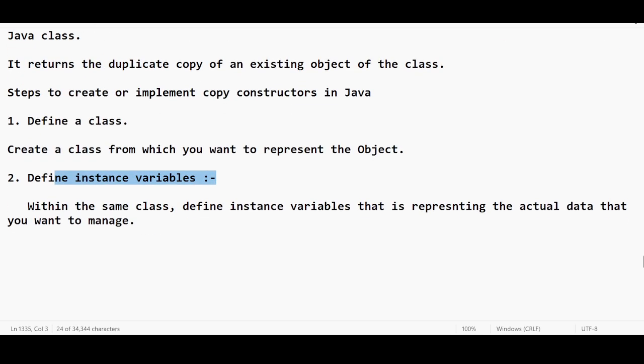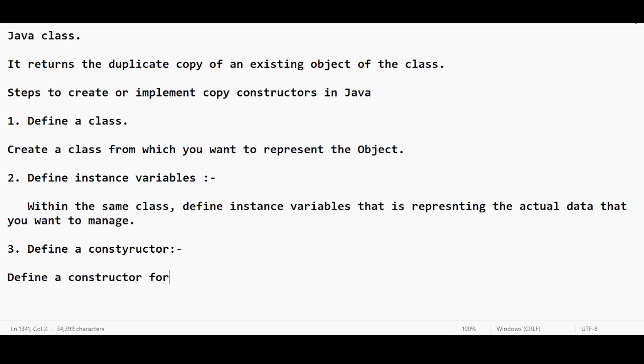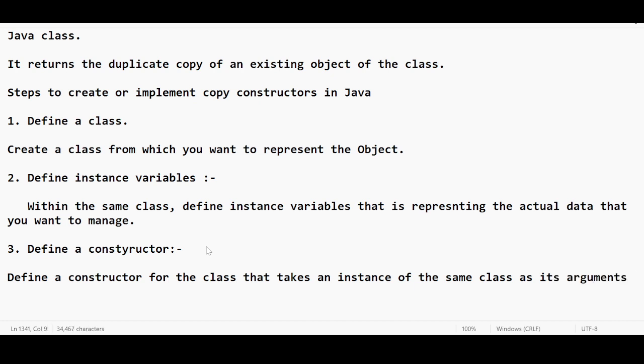Third point, define a constructor. So how can the constructor be defined? That's the question, right? Define a constructor for the class that takes an instance of the same class as its argument.